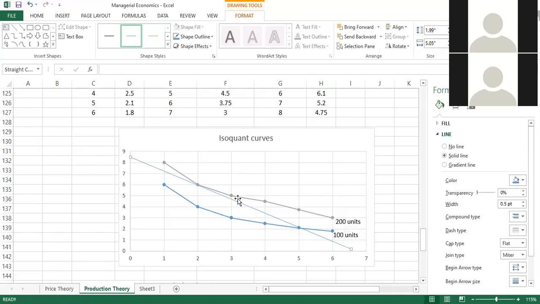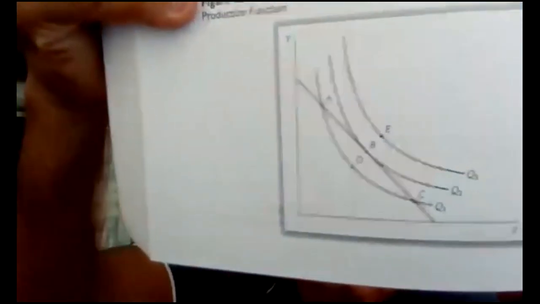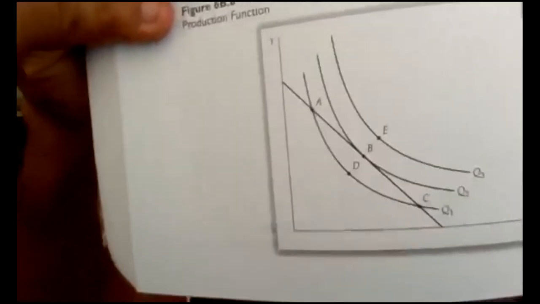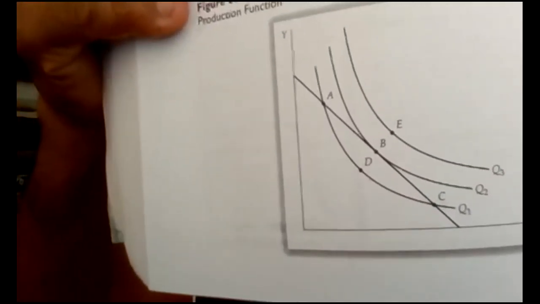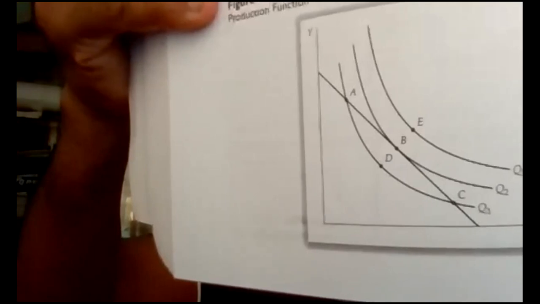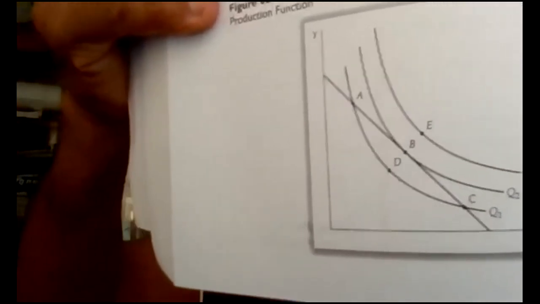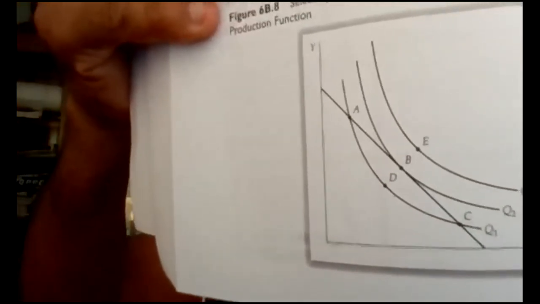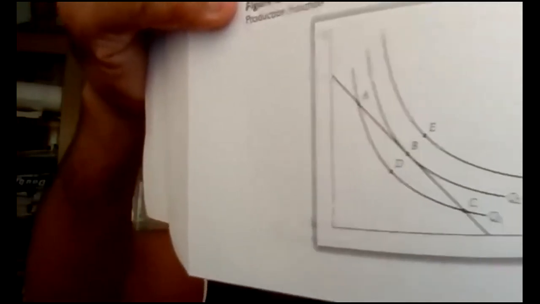Same expenditure, but this input combination will give the producer larger output. That's why it is given in the study text, these points A, B, and C. Points A and C are on isoquant 1, Q1, representing low output, but B represents a point on the second isoquant curve, which means large output. So what is the best output for the firm?